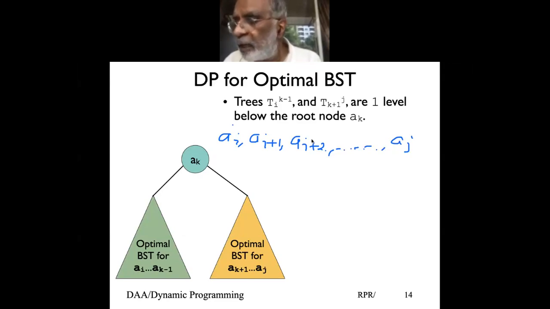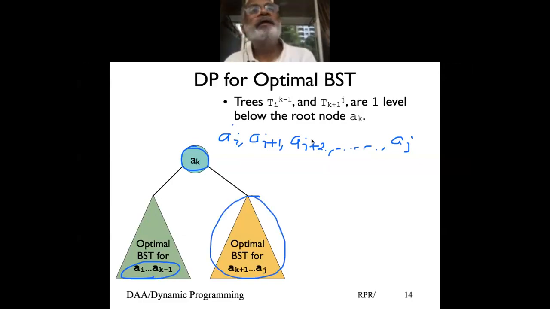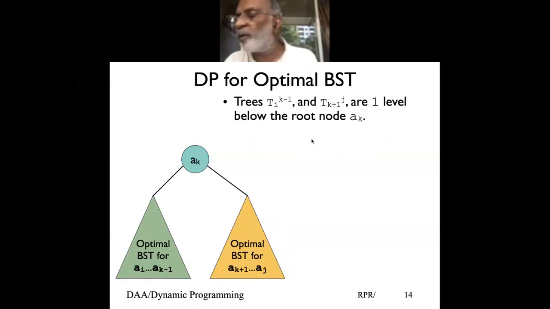But whichever Ak we use, the nodes from Ai to Ak minus 1 are going to be an optimal binary search tree. And for the nodes Ak plus 1 to Aj, this would also be an optimal binary search tree. That is the property we'll make use of.